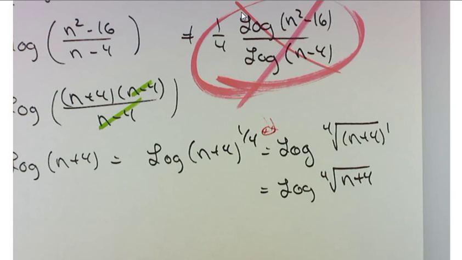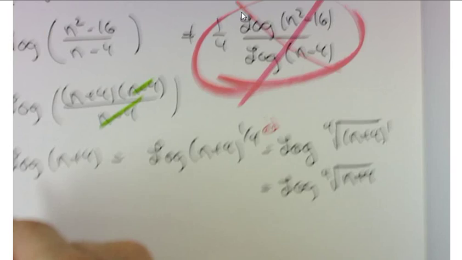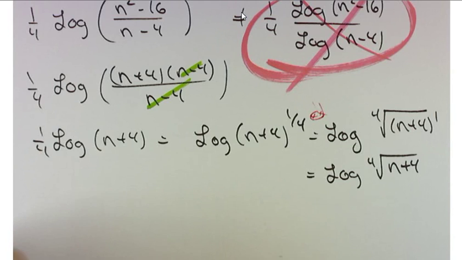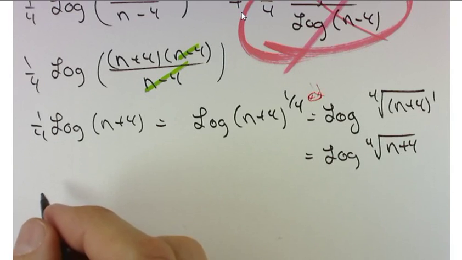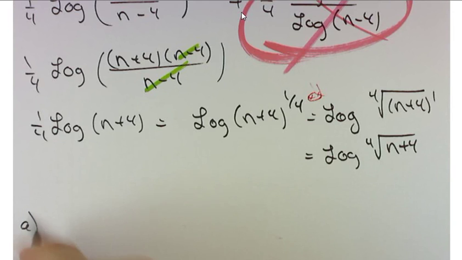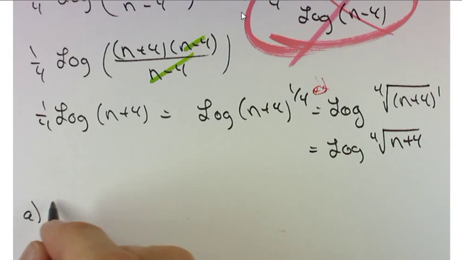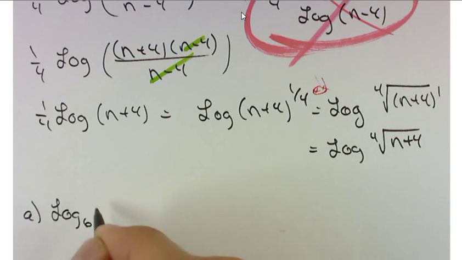In light of that one, let's take a look at problem number 104 and 106. So problem number 104, kind of a good one. You've got A is this expression, log base 6 of 7/9.